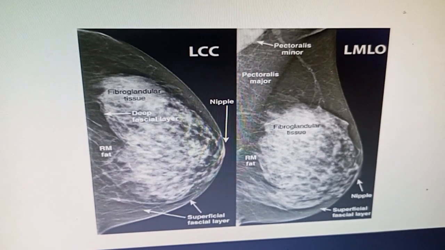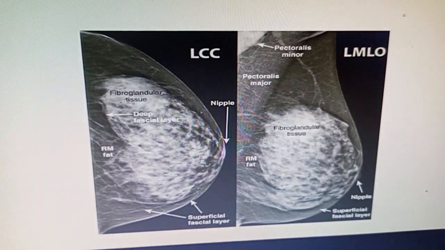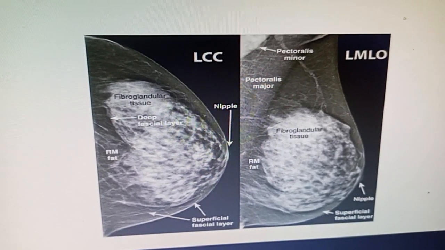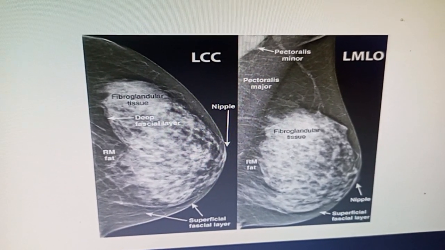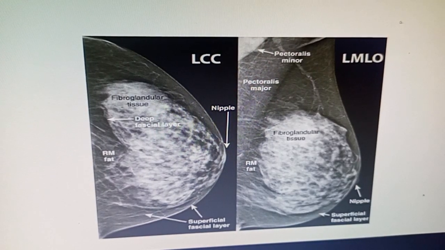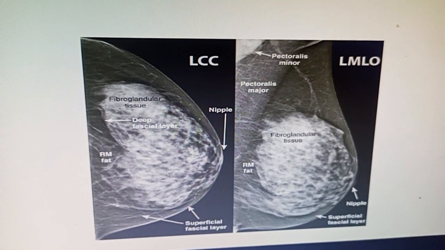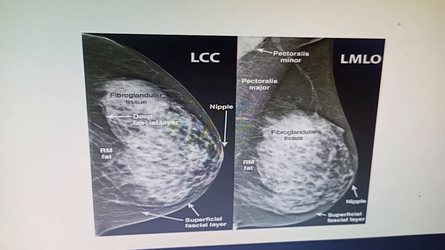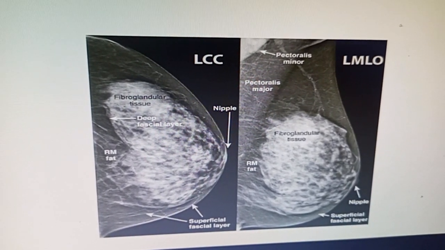This is the normal mammogram image where you can see that there is a nipple, fibroglandular tissue, fat, and pectoralis major and minor muscles are shown. Mainly, there are two views of the breast mammogram.